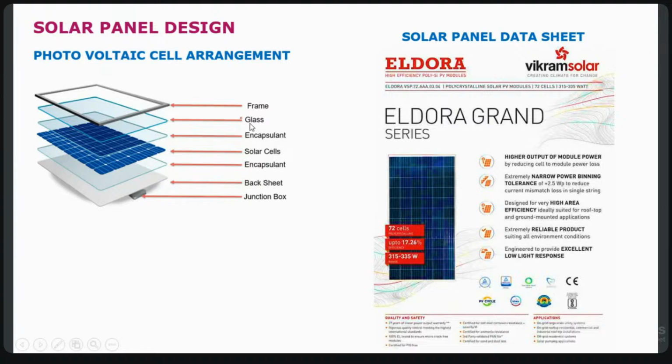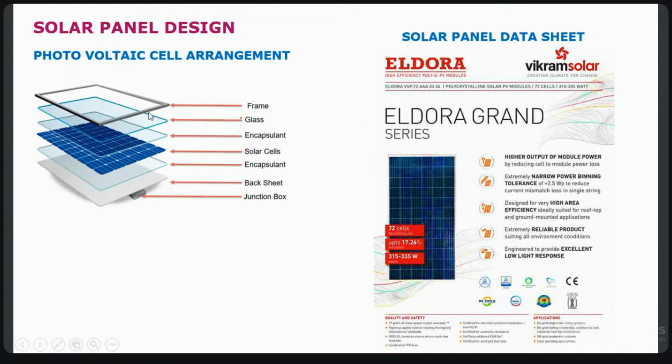See, this glass is non-reflective, meaning almost less reflective. It is not zero reflective, but almost less reflective, generally not more than 5%. Whatever sun rays come to this glass won't reflect back.